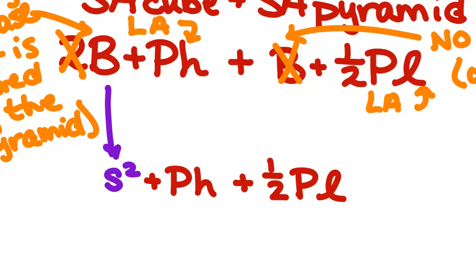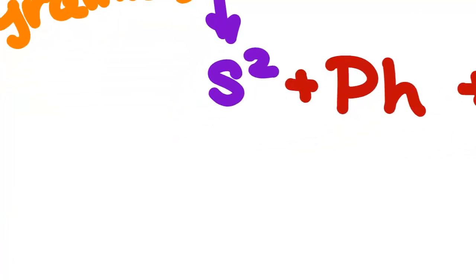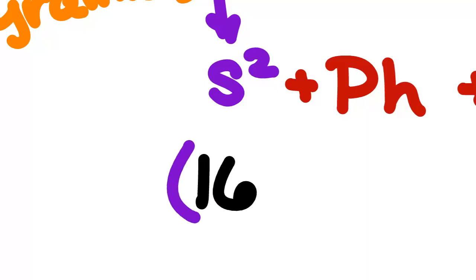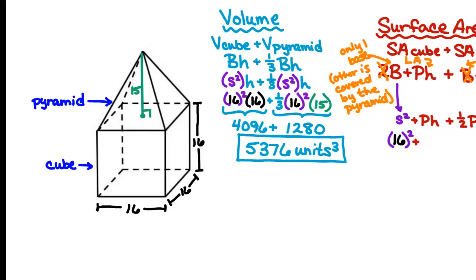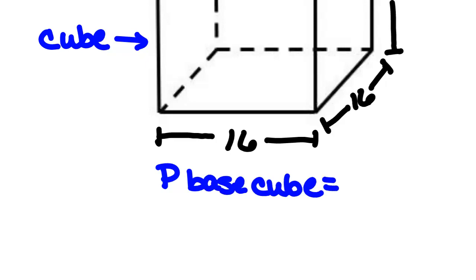All right, what are we putting in for S here? That's the length of the side of my cube. 16. We want the length of the side of the cube to go in for S. So 16 squared plus, now I need the perimeter of the base. What is the perimeter of the base of the cube? 64.